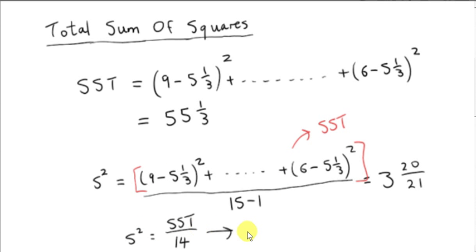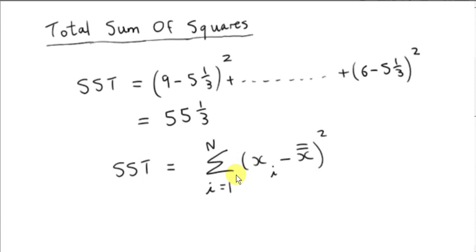SS total divided by 14 is the grand variance. So SS total is 14 multiplied by the grand variance. So it's 14 times 3 and 20 over 21. And that's 55 1/3. So the grand variance looks like the grand standard deviation without the square root sign.